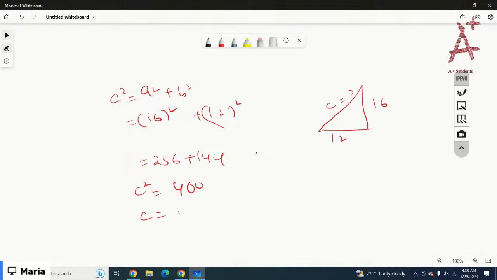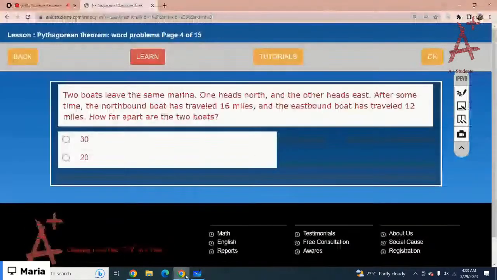C square equals 400. That means when you square root both sides, C equals 20. Got it? So the correct option is C equals 20.